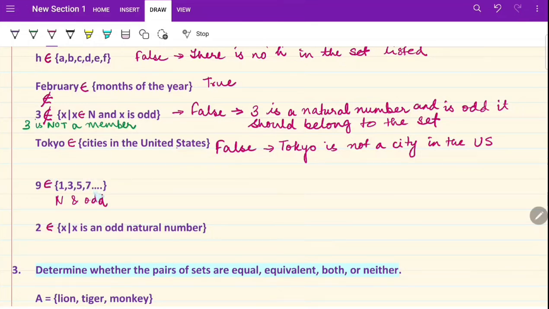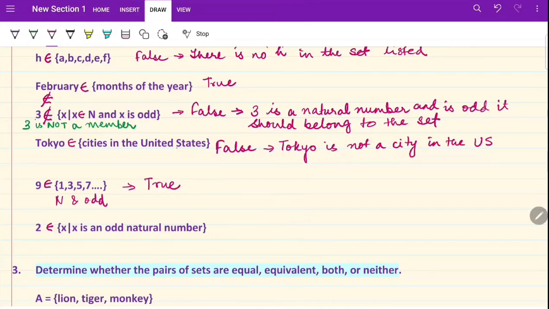The element following the number 7 should be a 9, correct? So this is a true statement. Why is it true? Because the set is a set of natural numbers and X is odd. The elements are all odd. Therefore, 9 being a natural number and also an odd value makes the statement true.